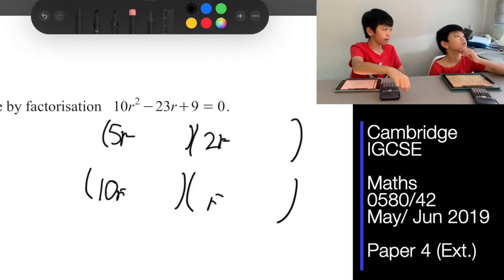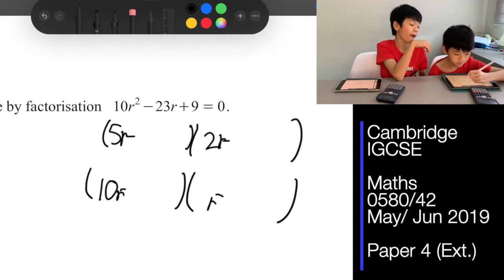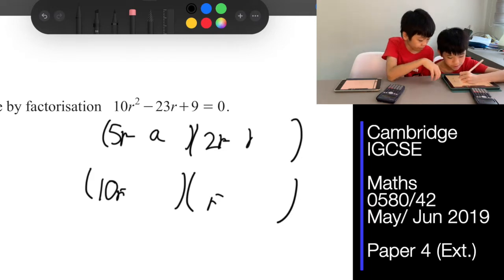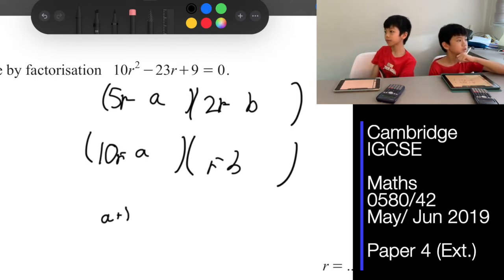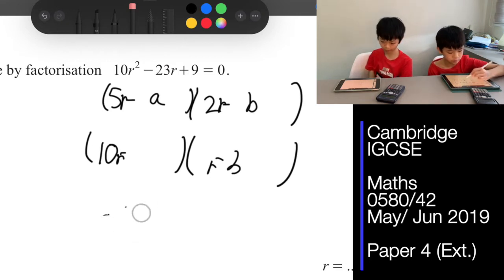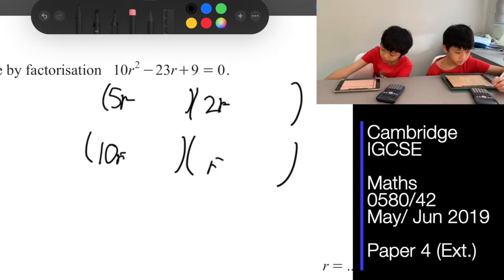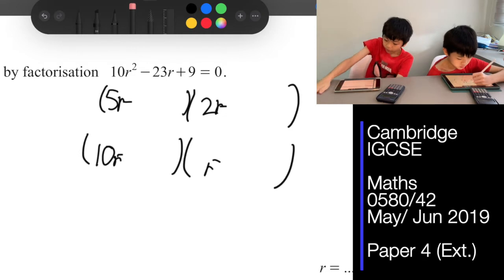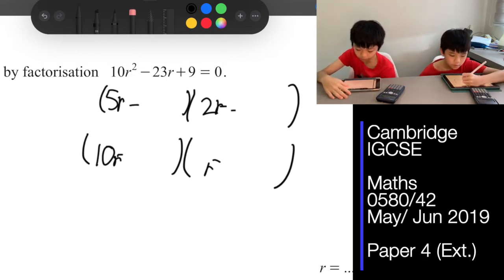So A, B. We know that A plus B. Okay, so firstly, before we do all this, we will try 5 and 2, because it's the first one we got. We know it's minus. Okay, so we know that A times B is 9.